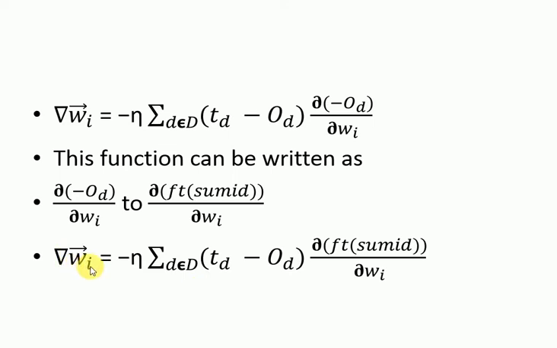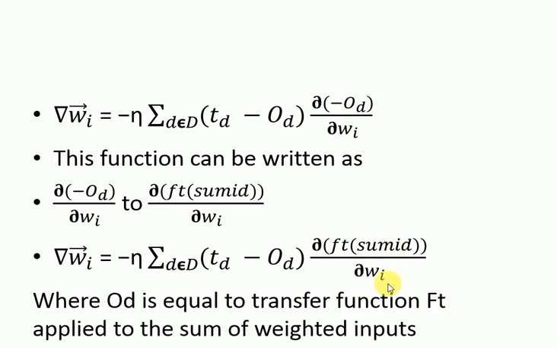So now the derivative of W equals minus eta into dE over d, Td minus Od into the differentiation of f of the sum of Id over the differentiation of W, where Od is equal to the transfer function Ft applied to the sum of the weights.